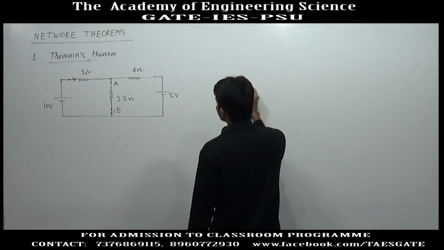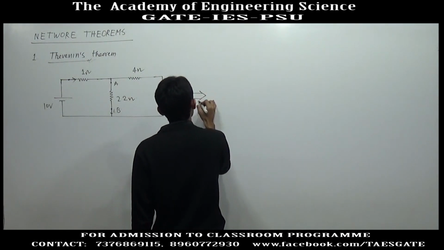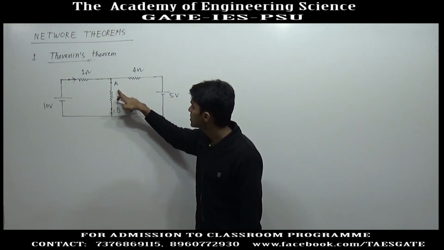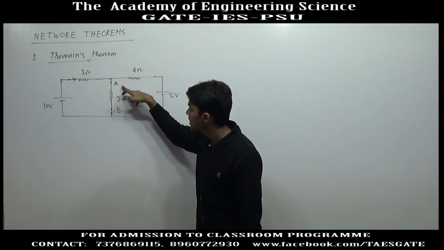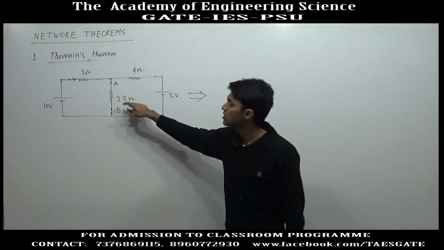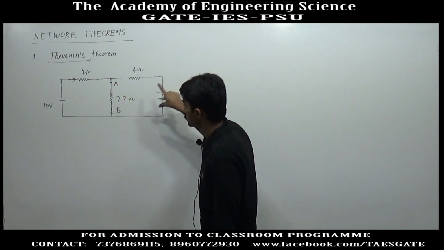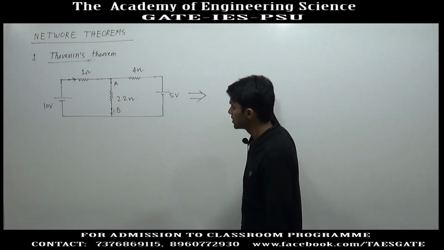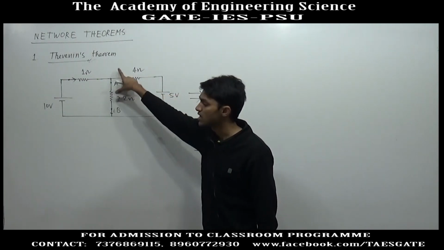So, in the new circuit, this part of the circuit, the part of the original circuit which is inside points A and B, I am not taking any transformation. So, this part of the circuit will be unchanged and will appear in the Thevenin equivalent circuit. The rest of the circuit will be removed.